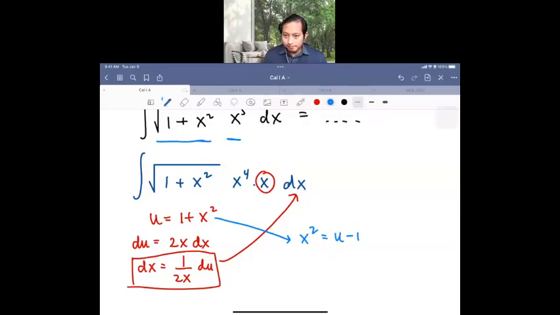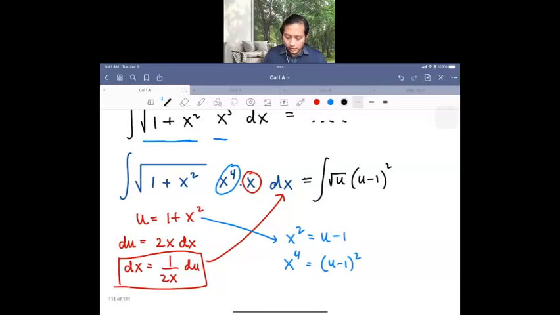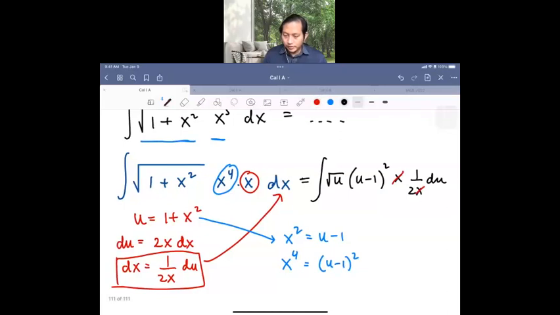Now if we have x to the power of 4, then we have u minus 1 squared, and we can exchange this. So this will be square root of u, and then x to the 4 is u minus 1 squared, and then dx is 1 over 2x du. So the x cancels.